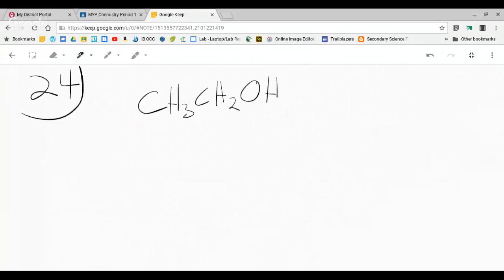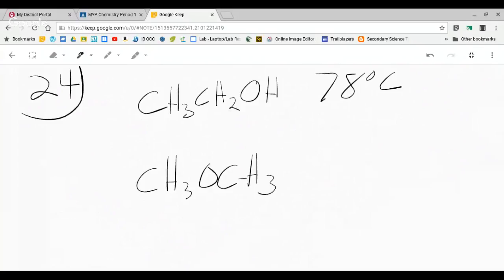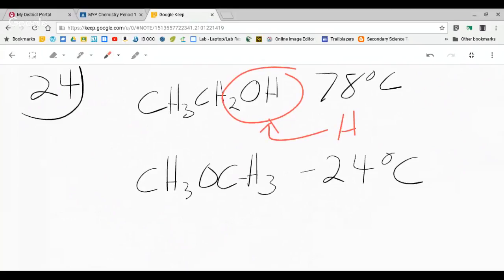This guy has a boiling point of 78 degrees Celsius, and the other guy has a really low boiling point of negative 24 degrees Celsius. So why do they have such a large boiling point difference? It's all about this guy right here. This guy causes hydrogen bonding, and hydrogen bonding increases the boiling point.